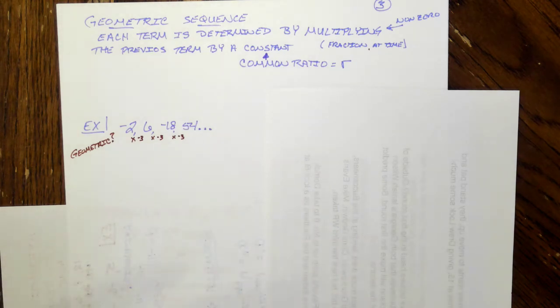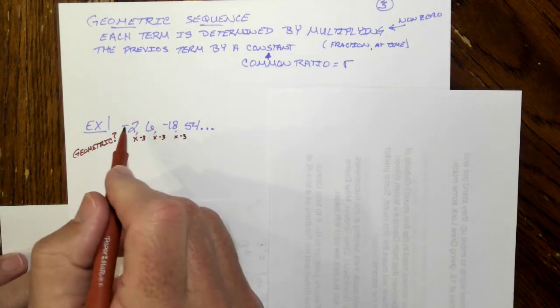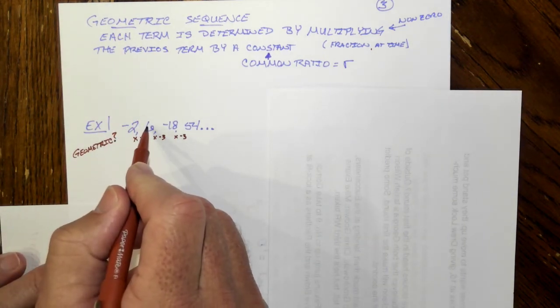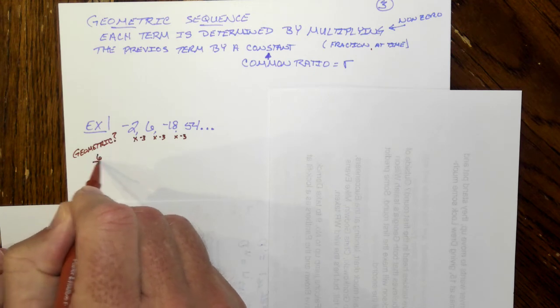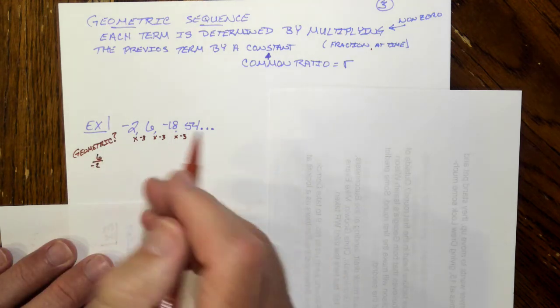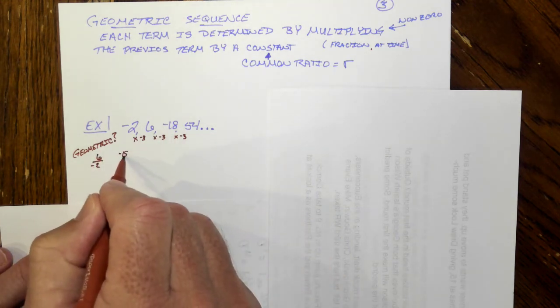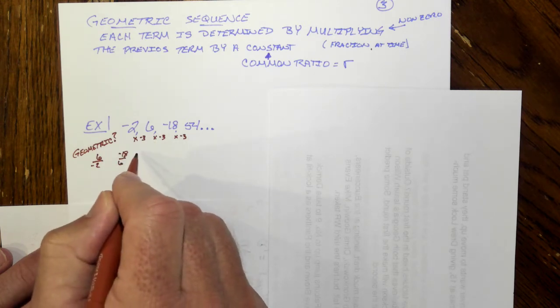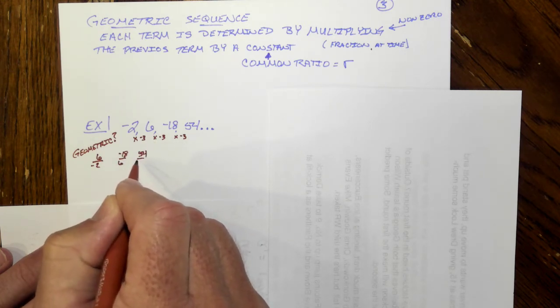There's nothing wrong with that. I am offering you this for when we get the ones that we can't just see times 2 and so on. Take the next term and divide by the previous. 6 divided by -2. -18 divided by 6. 54 divided by -18.